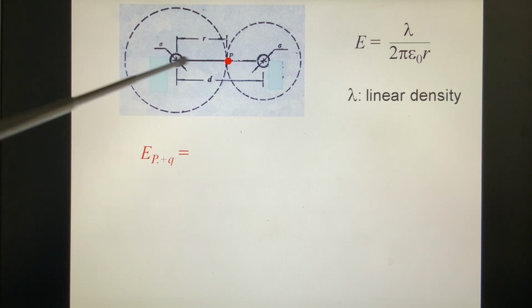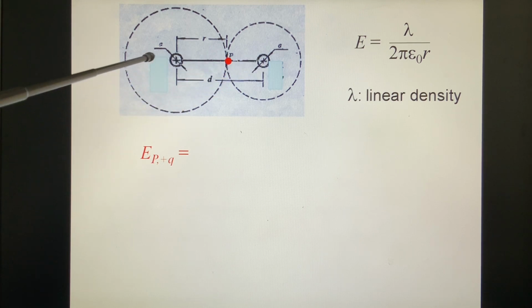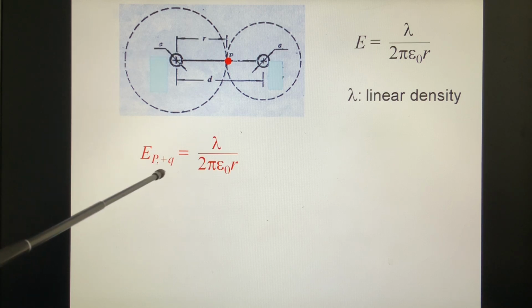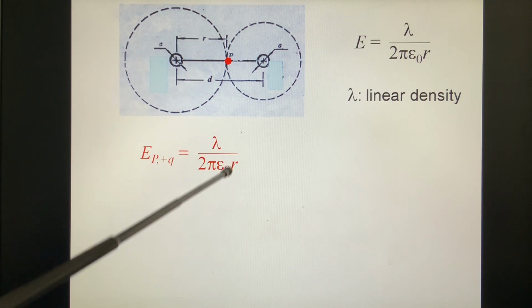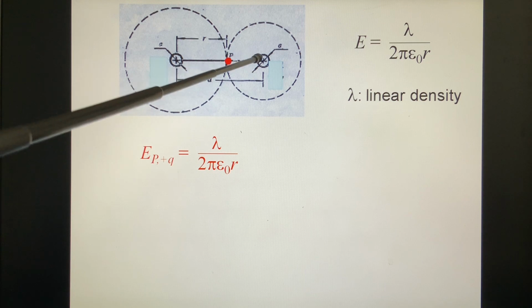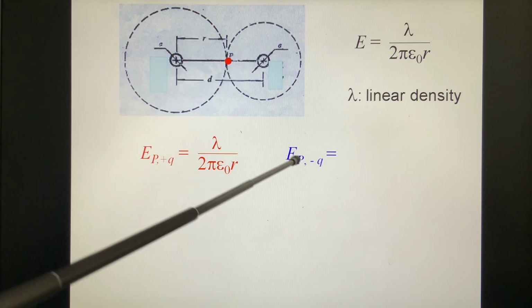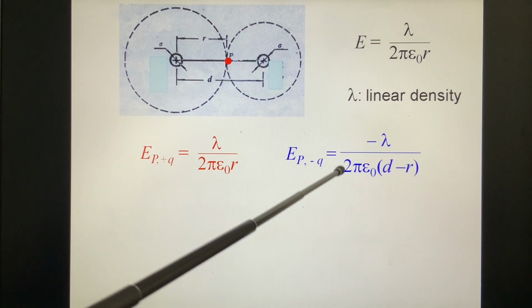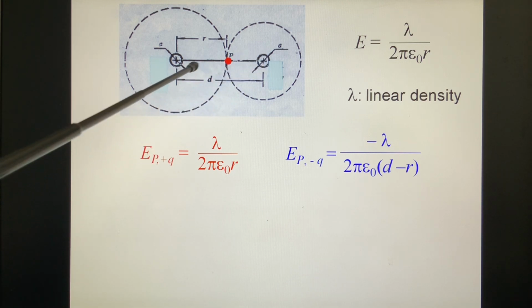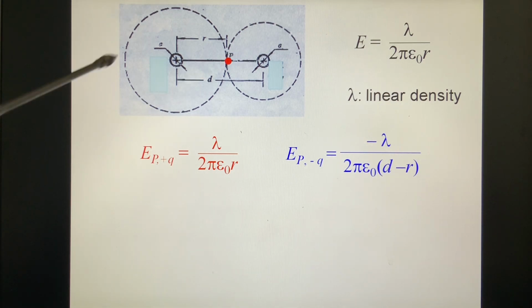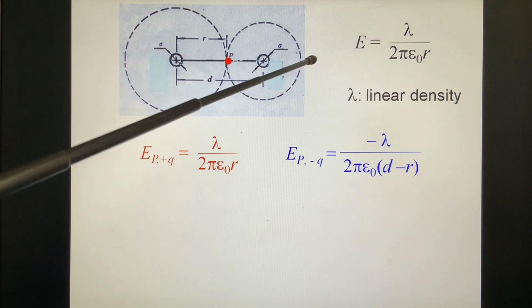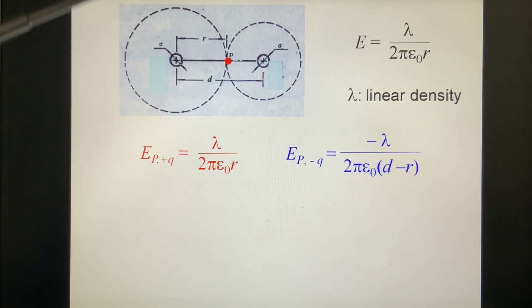So at this point, we connect this line. At this point, the E produced by the positive charge is lambda over 2 pi epsilon R, and the E produced by this negative charge is minus lambda over 2 pi epsilon, with this distance being D minus R. This E is outward and this E is inward, so the absolute numbers put together are a sum.